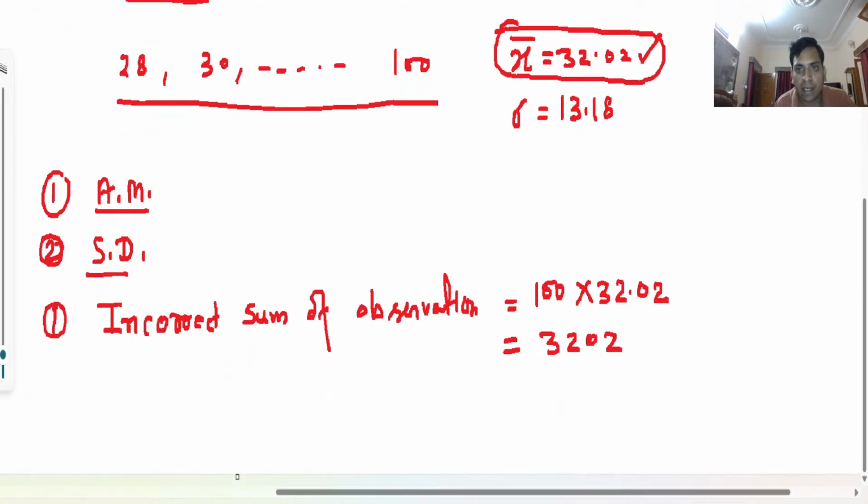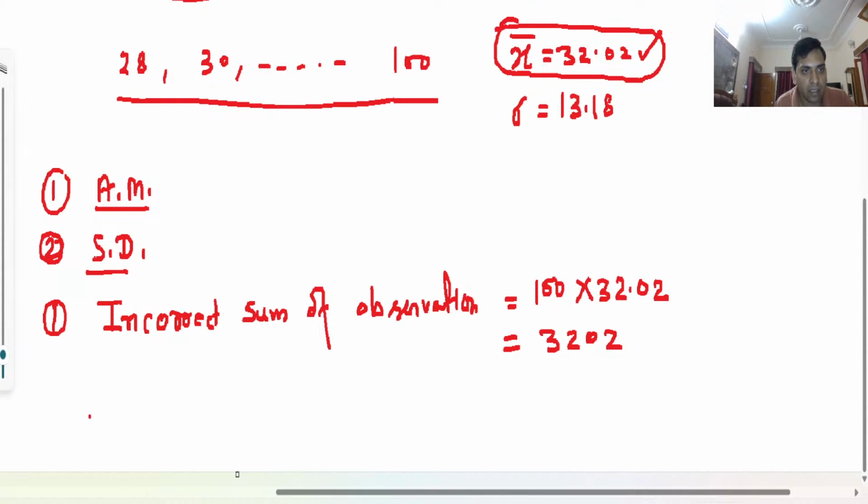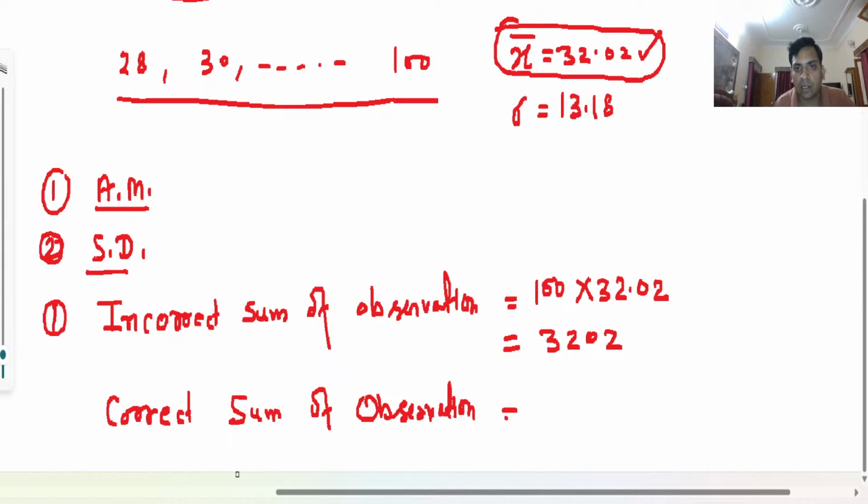Now we need to find the correct arithmetic mean. To find it, we will find the correct sum of observations first. What we will do is write the incorrect sum, this quantity 3202.